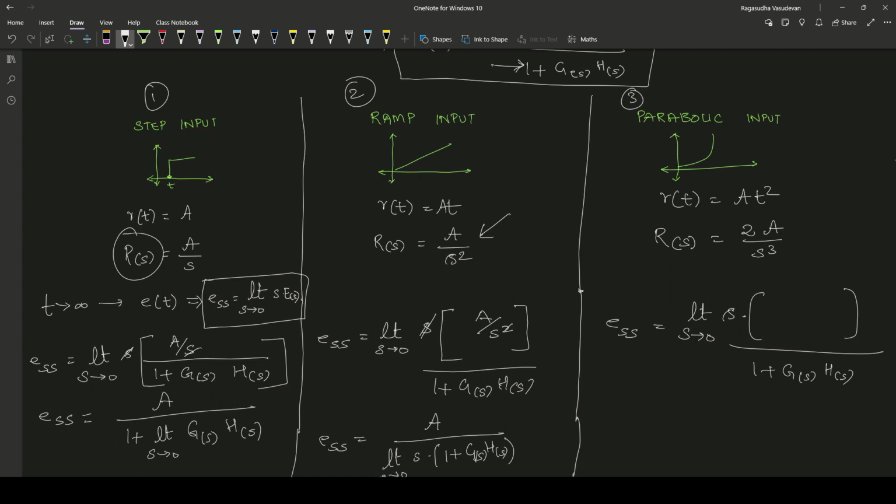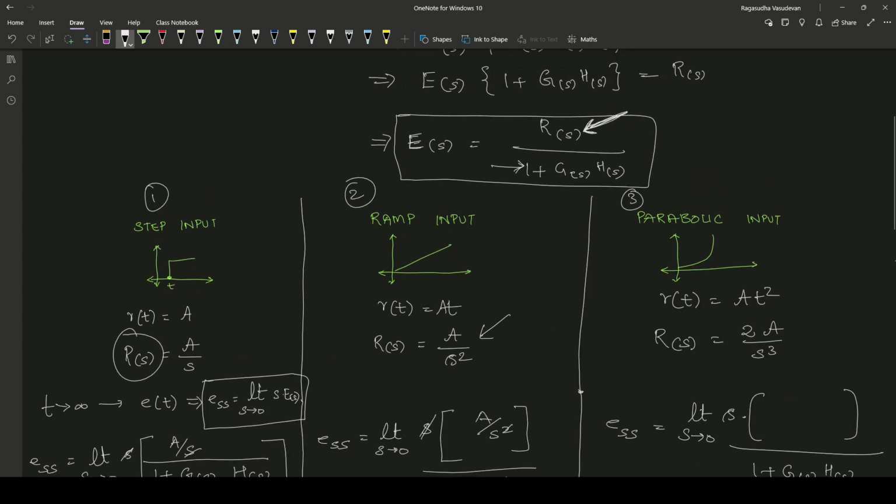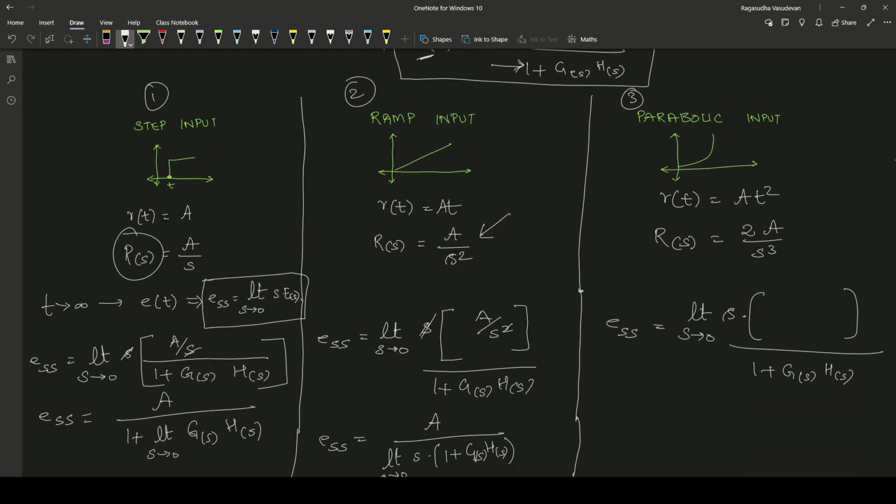Okay, what we are doing? We are substituting the different R(S) based on the case and finding out the ESS as the case is. Okay, so what is the E(S) for a parabolic input? It is S into 2A divided by S³.